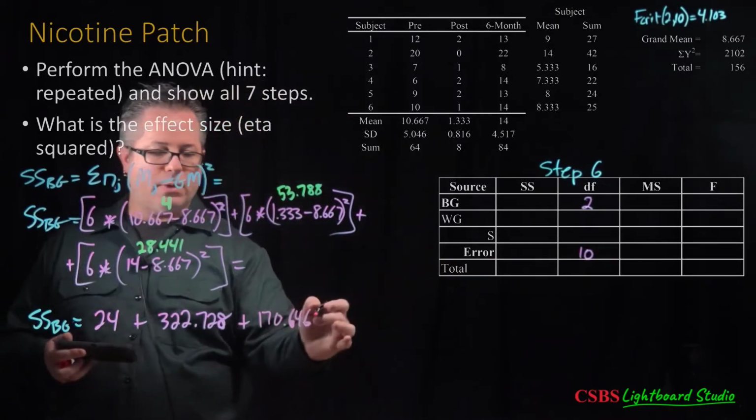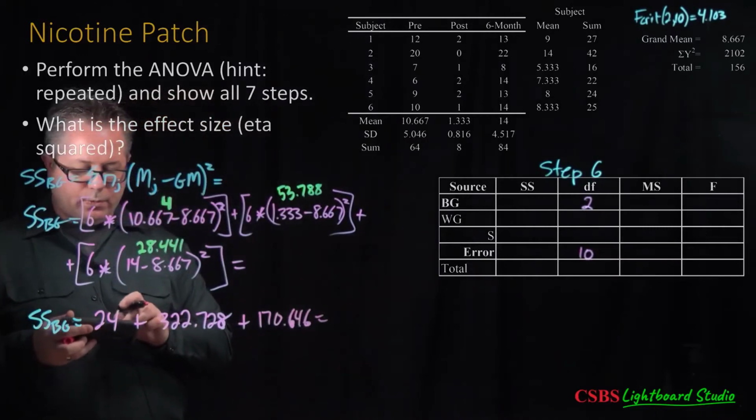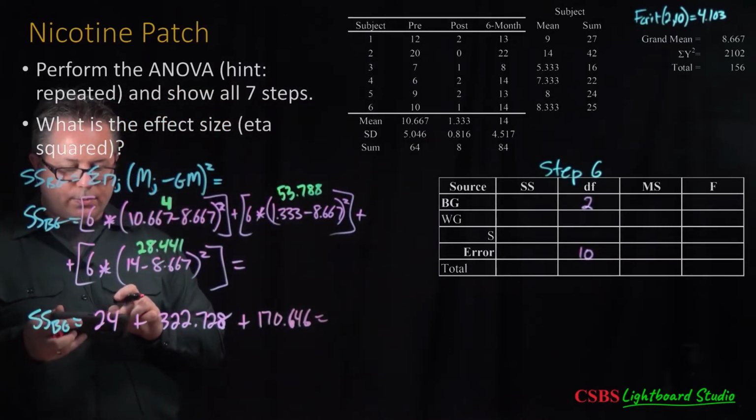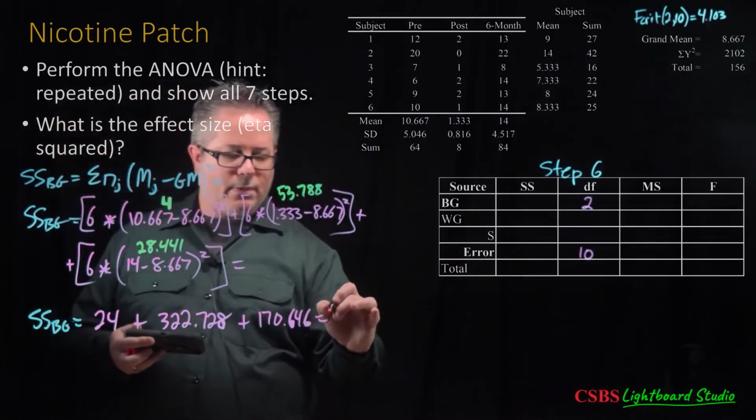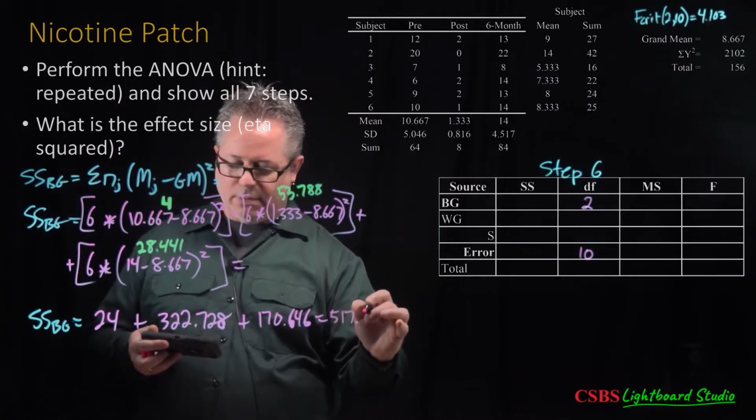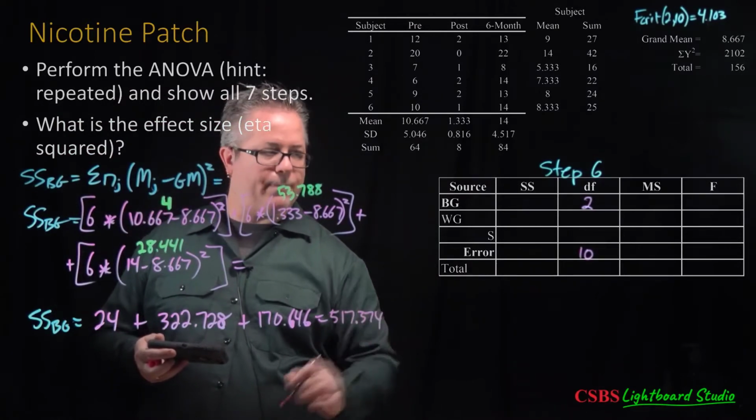Okay. Add those up. 24 plus 322.728 plus 170.646 equals 517.374.